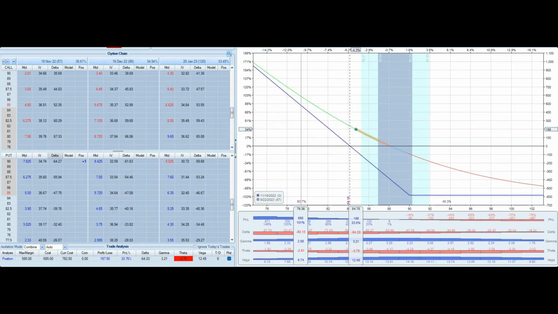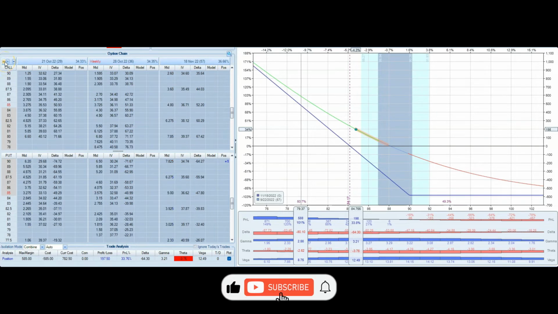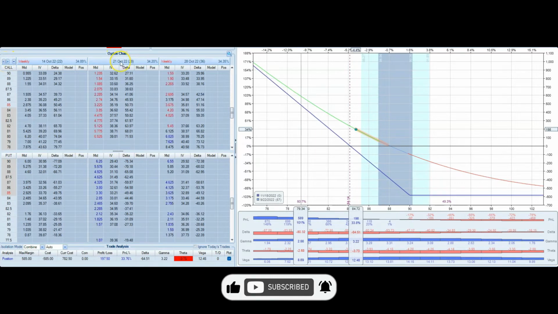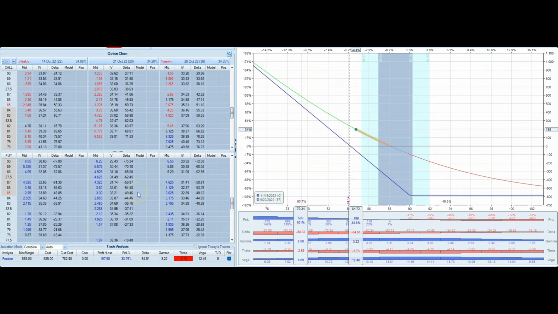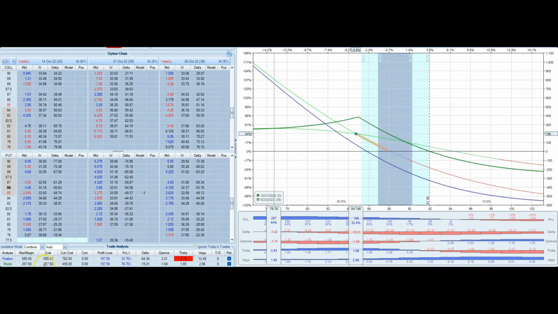A couple of adjustments that I wanted to mention here. Number one, I can go out to say October 21st expiration, 29 days, and I can sell a put against my long put, making this a long put diagonal spread. If I sell a put at the money for $3.30, I will collect $330, which will go to offset my risk from $585 down to about $260.